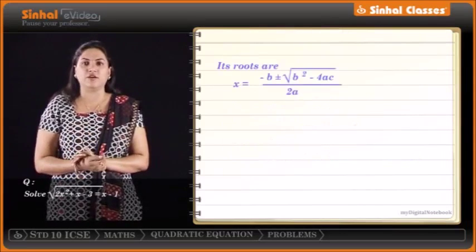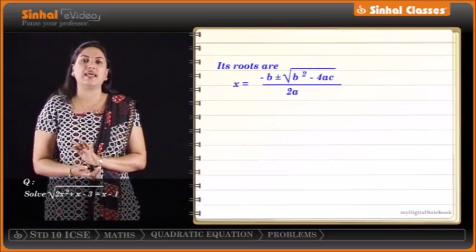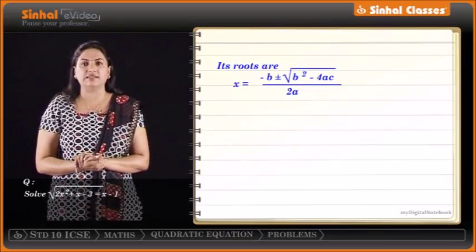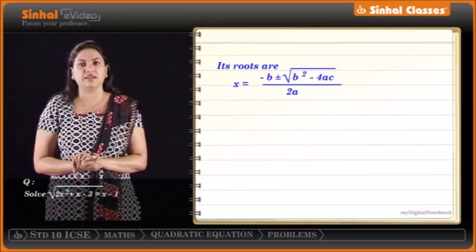Now we already know the formula how to find the roots. x is equal to minus b plus or minus root b square minus 4ac upon 2a.